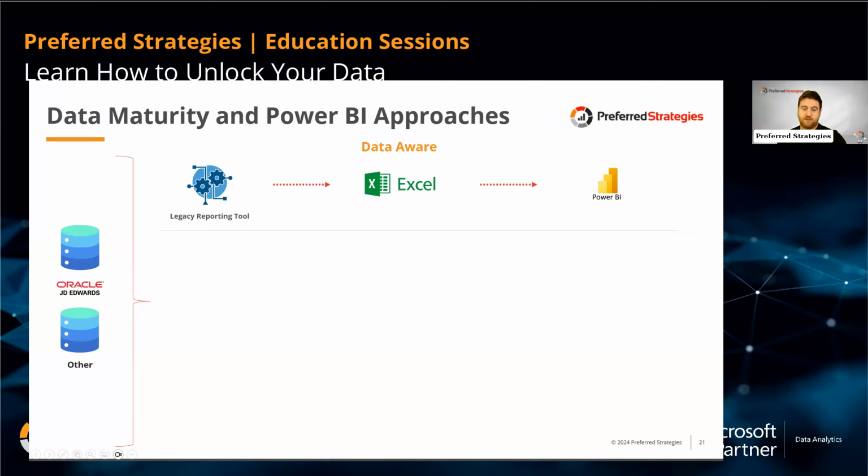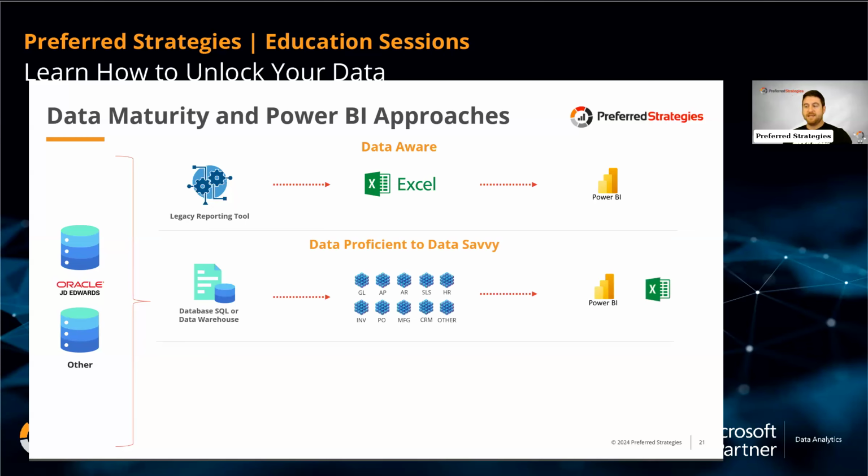And we just mentioned a lot of the downfalls of that technique, so I'm not going to dwell on that. The next one you have is sort of this data proficient to data savvy approach. This is where maybe your IT team has created a replicated database or data warehouse and put the JD Edwards data into that database, and then you use that to connect to your enterprise analytics platform.